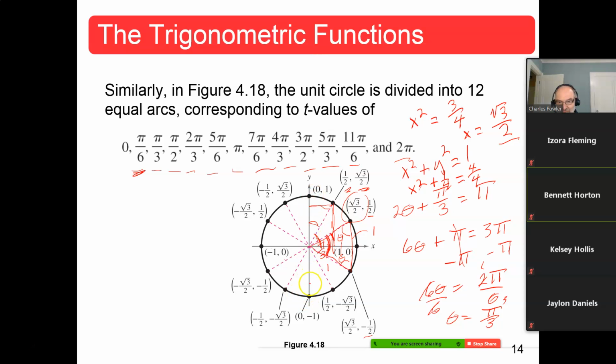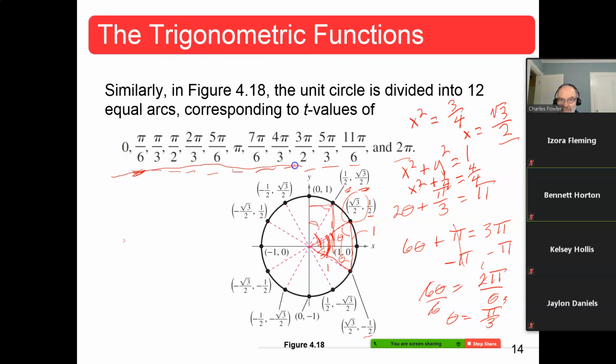This again is (0, minus 1) here. Here we're back at 1/2 for x, and minus root 3 over 2 down here, and then here we're at root 3 over 2 for x, minus 1/2 for y. That's where we started.